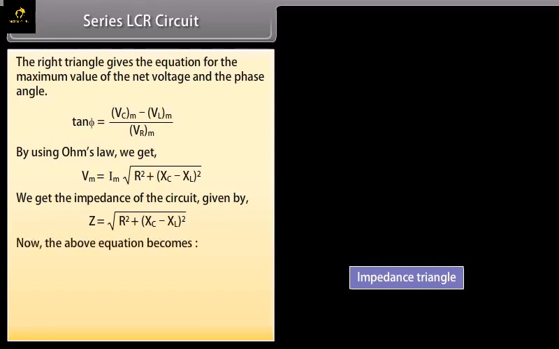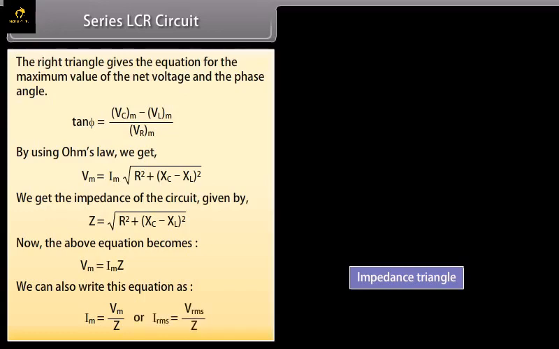Now the above equation becomes Vm is equal to the product of Im and Z. We can also write this equation as Im is equal to Vm upon Z, or IRMS is equal to VRMS upon Z.